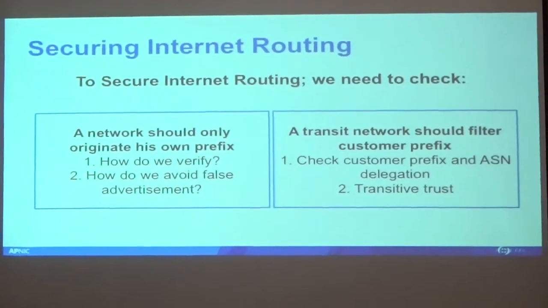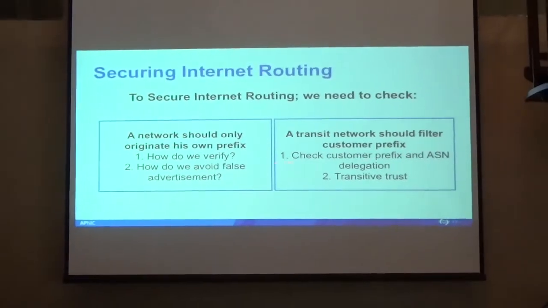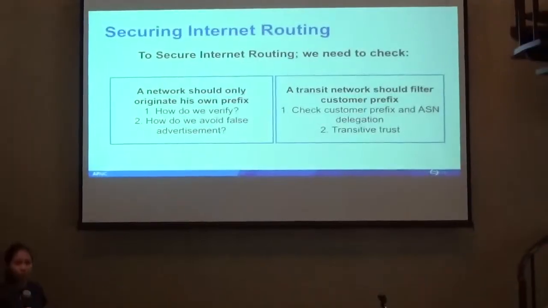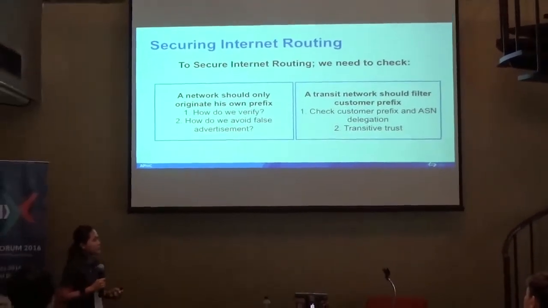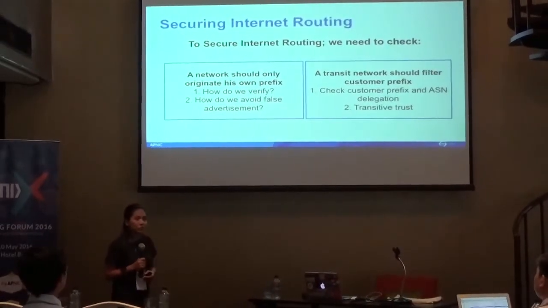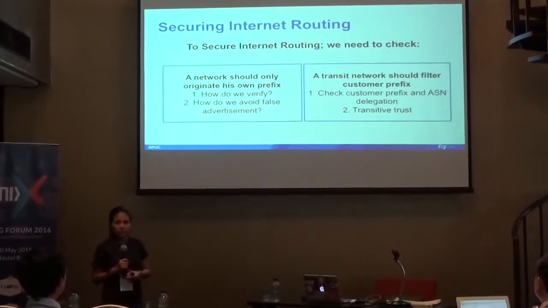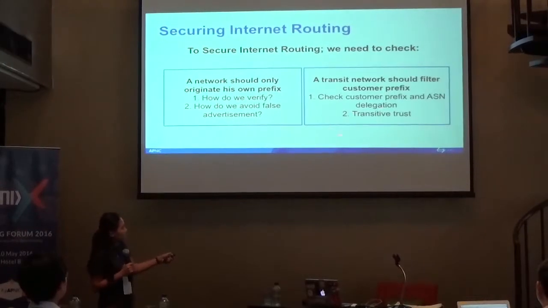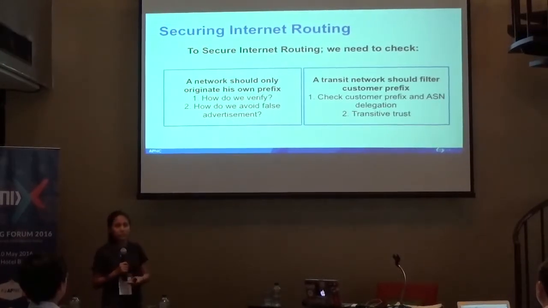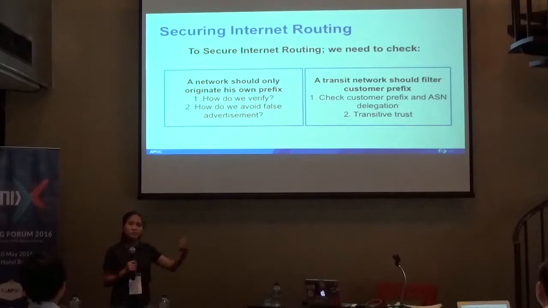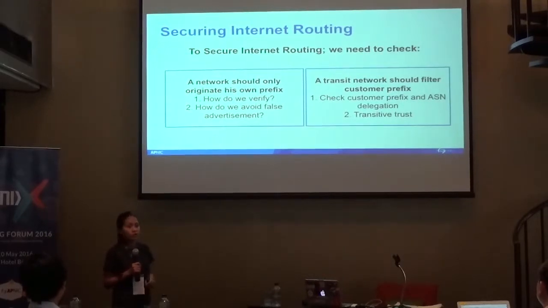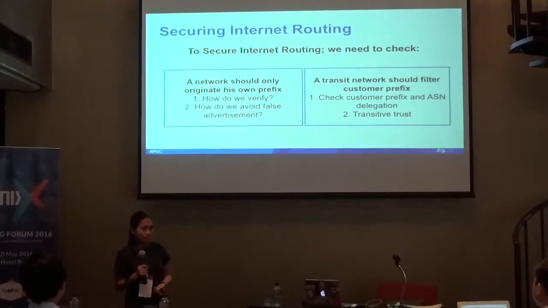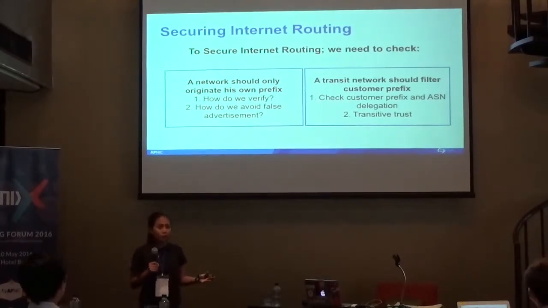So what should you do there? You have to always check that the customer prefixes and ASN delegations are correct. At the end of it, it's still about trust. There's transitive trust. If your customer says, yes, that's our block, do you just trust that? Or do you perform some verification checks? Or do you actually block them at all?